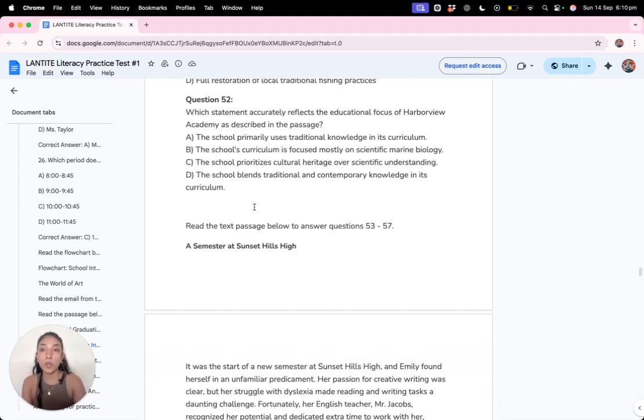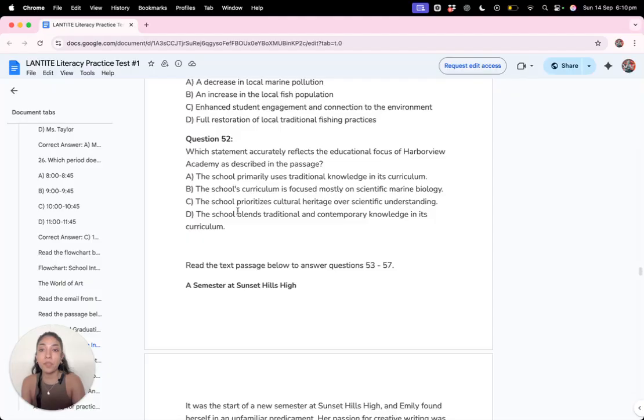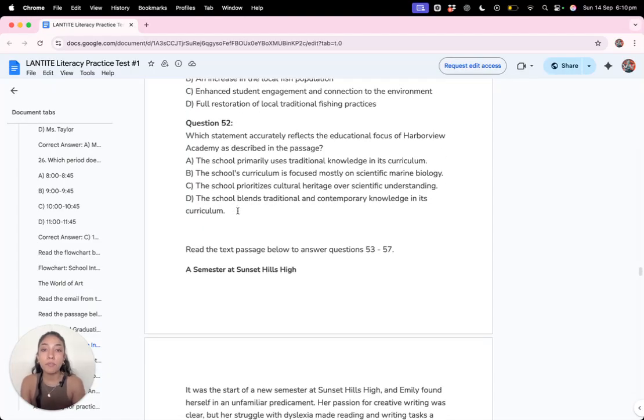And the last question for this passage, which statement accurately reflects the educational focus of Harbourview Academy as described in the passage? A, the school primarily uses traditional knowledge in its curriculum. B, the school's curriculum is focused mostly on scientific marine biology. C, the school prioritizes cultural heritage over scientific understanding. And D, the school blends traditional and contemporary knowledge in its curriculum.